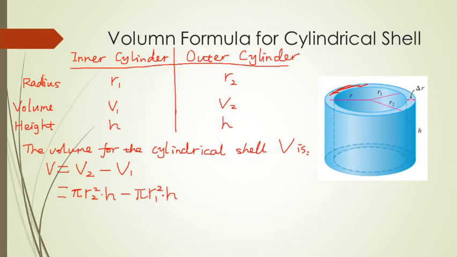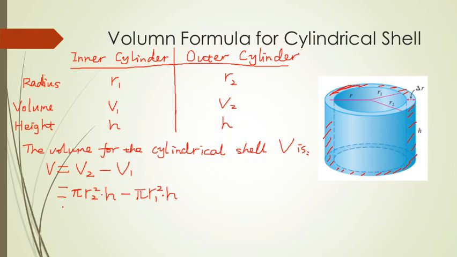And we know that if you cut the cylindrical shell, the cross section gives a ring. There is no problem understanding that. So this is the volume of the shell we are talking about.